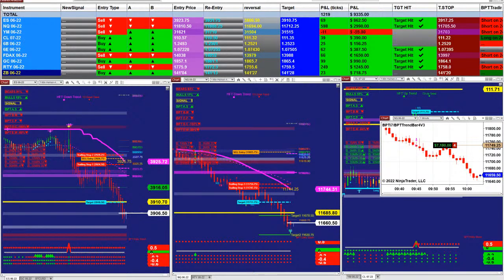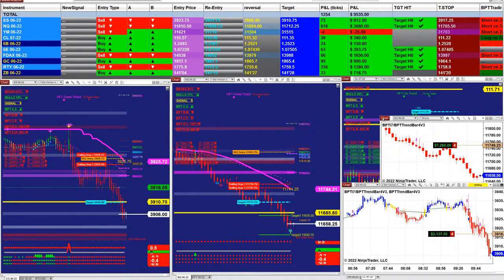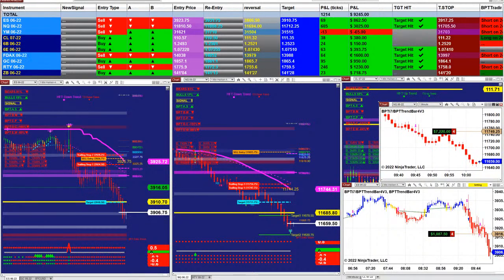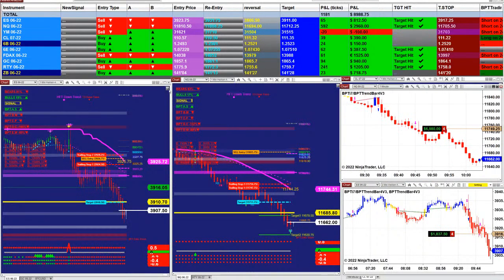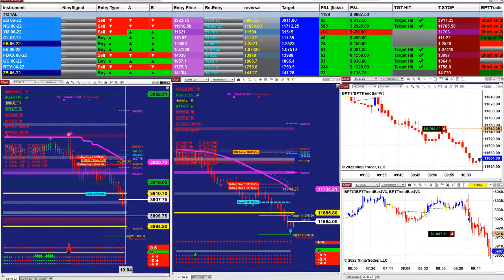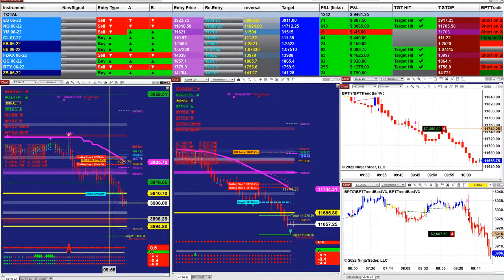The market on the ES Nasdaq is crazy, but it is coming to the end of that trade. If we look at the ES, there is a heavy support area in here, the 3900 and the 3898. So the short trade is over.